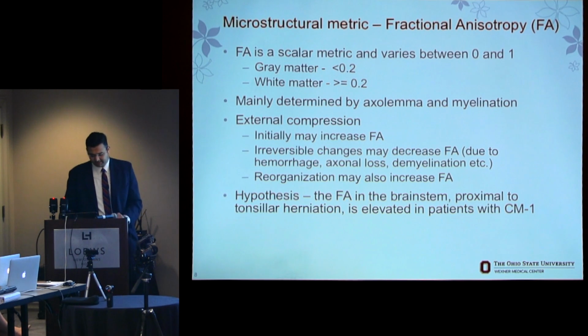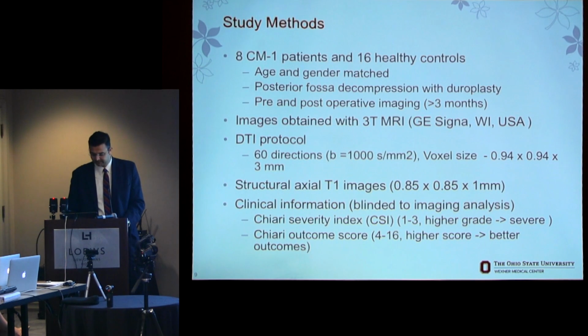So the hypothesis that we had, given the context that you just heard, was if there is brainstem compression just proximal to the tonsillar herniation, then it should show up as increased FA. So just proximal to the tonsillar herniation, the FA should be elevated in patients with Chiari malformation.